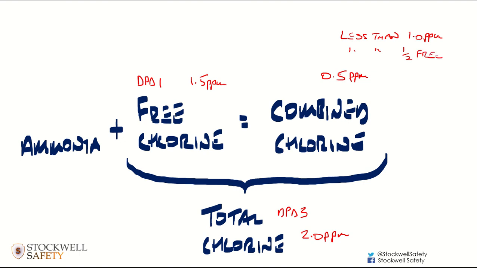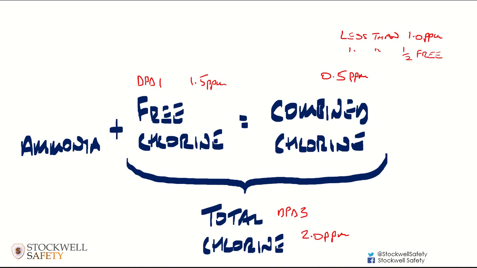So let's look at the free chlorine is 1.5. So half of 1.5 is 0.75. Okay, so that's going to be lower obviously than 1. So that would be the target, to keep it less than 0.75, which, as you can see in the example here, it is. It's being controlled. It is accumulating, but it's not being allowed to accumulate past those limits, which indicates that the pool is successfully controlling the build-up of combined chlorine.